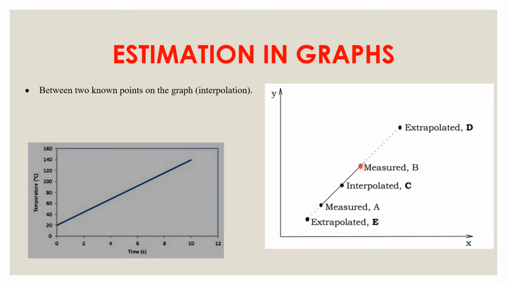Now, if I want to know what is the predicted reading at point C, all I will be doing is to make a prediction between two measured points. That is called interpolation.